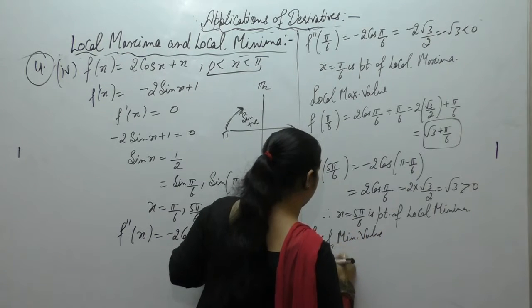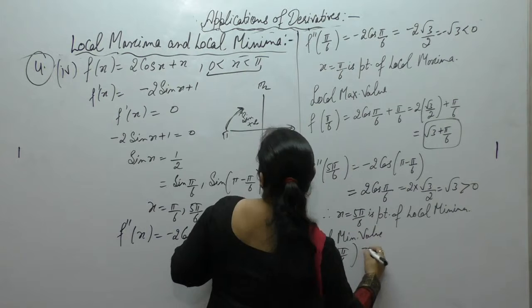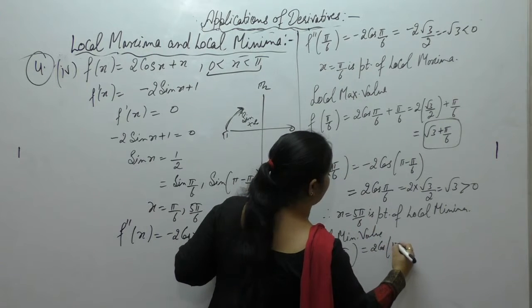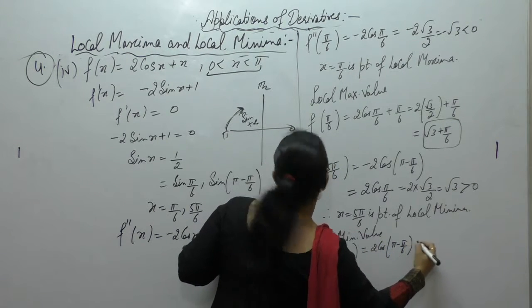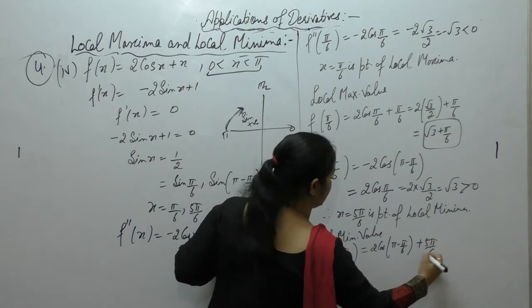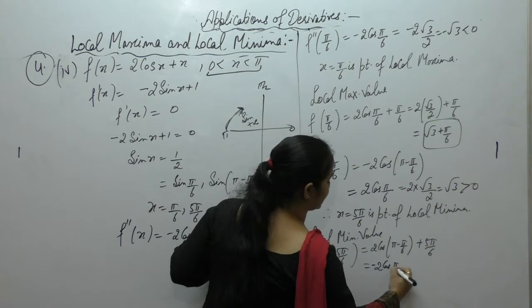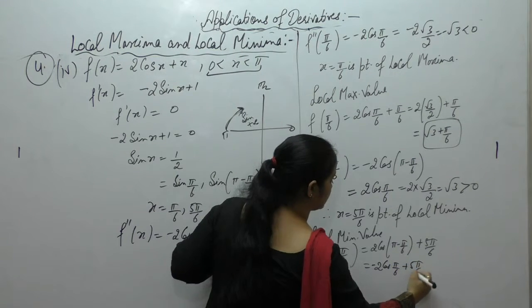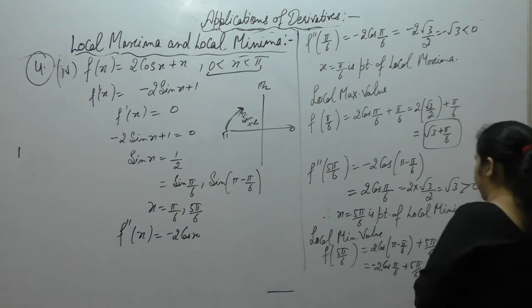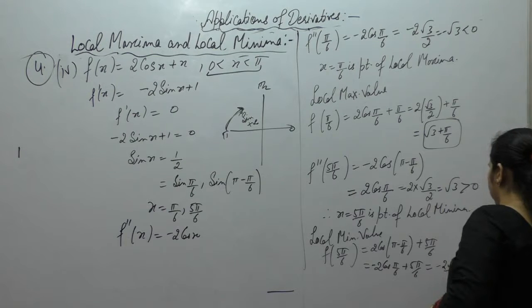Now local minimum value. f of 5 pi by 6, 2 cos 5 pi by 6, we can write it as pi minus pi by 6, plus 5 pi by 6. Cos pi minus theta is minus cos theta. Cos pi by 6 has value root 3 by 2.